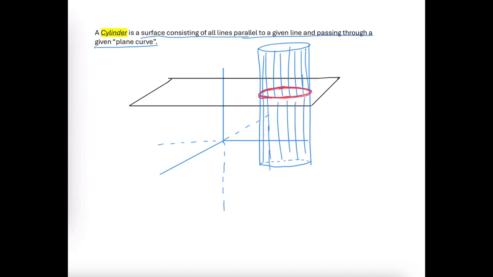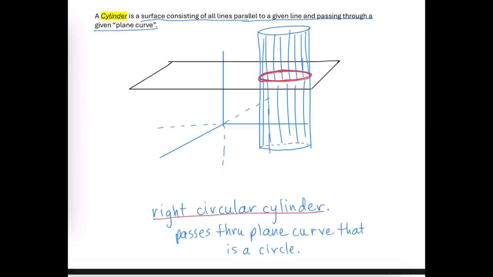We do have a special case of a cylinder that we traditionally think of as a cylinder. A right circular cylinder would be a cylinder that passes through a circle. But the plane curve can be any shape. It could be a triangle, and we would still be able to have a triangular cylinder.